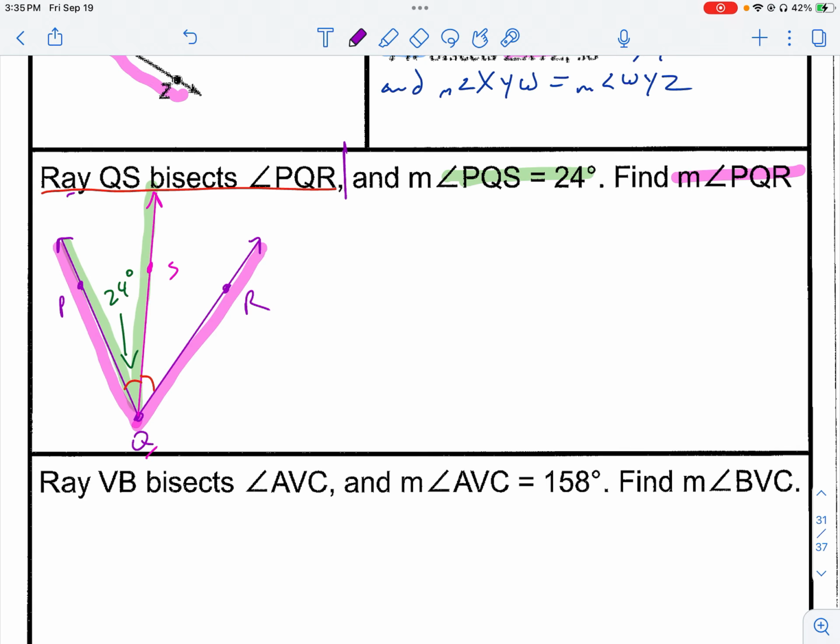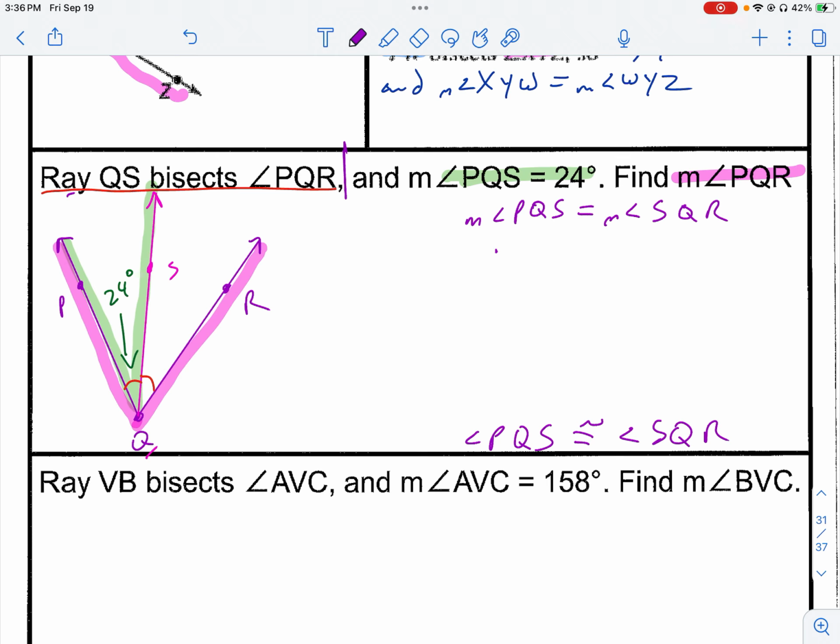What do I know about PQS? Well, I know that the measure of angle PQS equals the measure of angle SQR, because angle PQS is congruent to angle SQR.